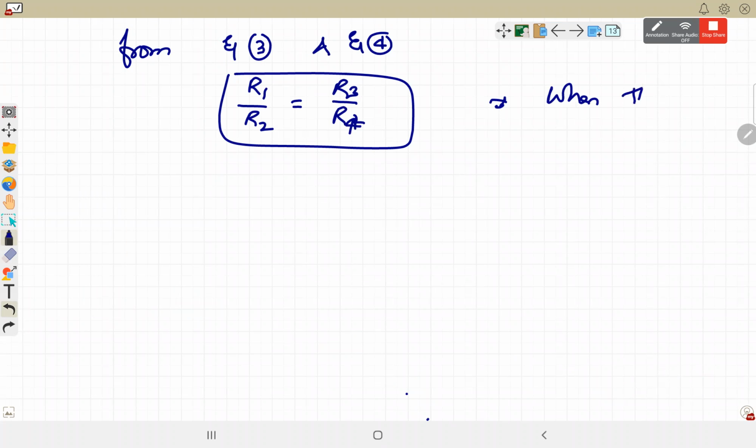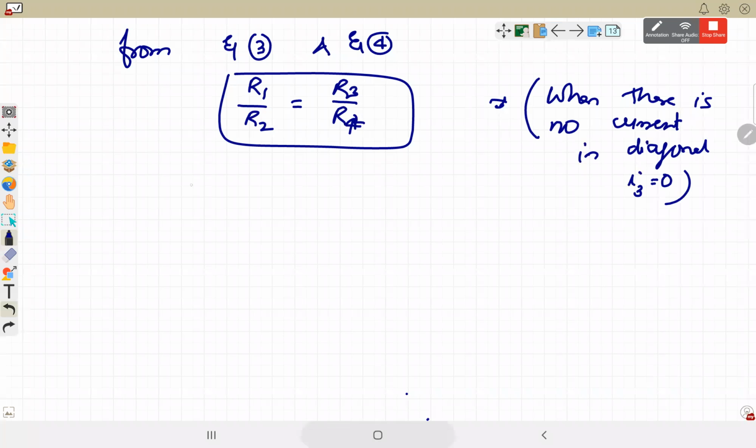When there is no current in the diagonal, which means I3 is equal to 0, this is the condition for balanced Wheatstone bridge. Under this condition, Wheatstone bridge remains balanced. Balanced Wheatstone bridge means there is no current in R5.